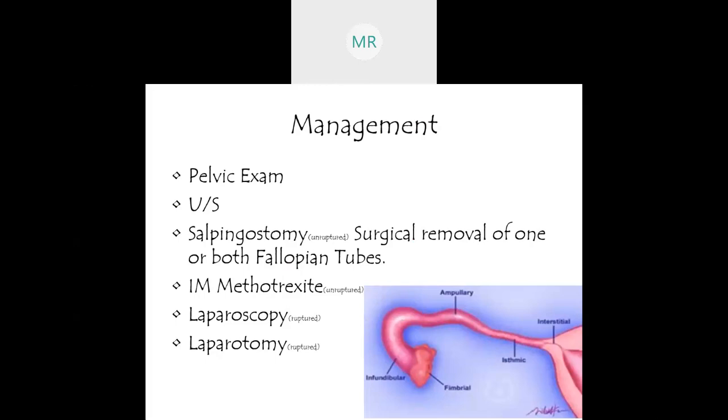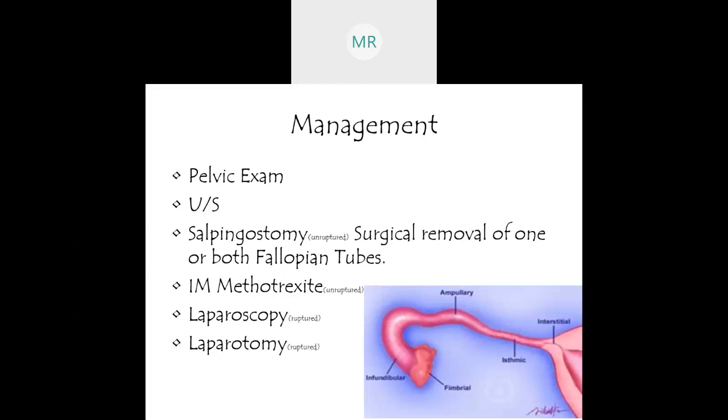We want to make sure that she avoids becoming pregnant for at least 3 months so that this fallopian tube can heal. Something else we want to explain to moms about the IM methotrexate is that methotrexate decreases folate in the body.